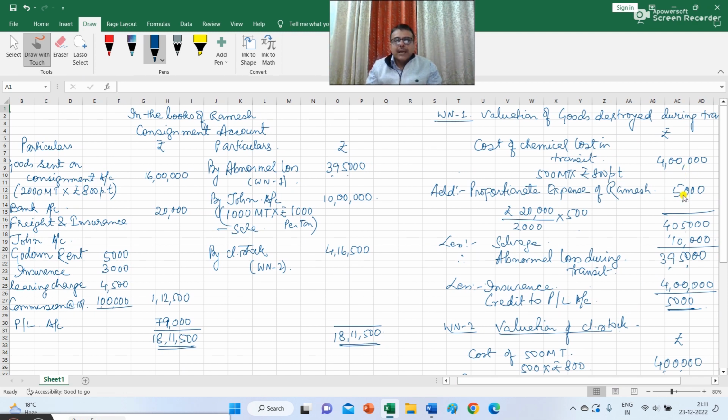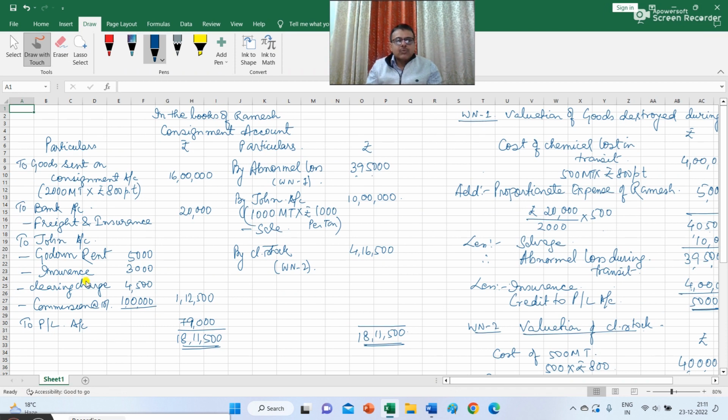And with this I have to add the proportionate expense incurred by the consignor for rupees 5,000. And from this figure I have reduced the amount of salvage. So abnormal loss during transit is rupees 3,95,000. And insurance claim admitted was for rupees 4 lakh. So 5,000 will be credited to profit and loss account.